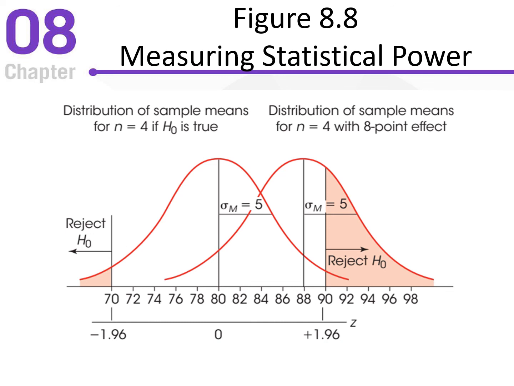Now, the intervention leads to a difference of 8 points. So the treatment condition has a mean of 88. So there's a difference of 8 points. But you see how the two curves overlap? The two curves overlap a lot, and that makes this difference of 8 points very hard to find.